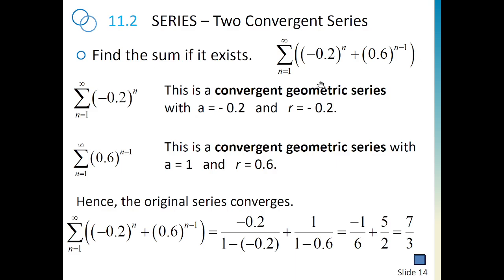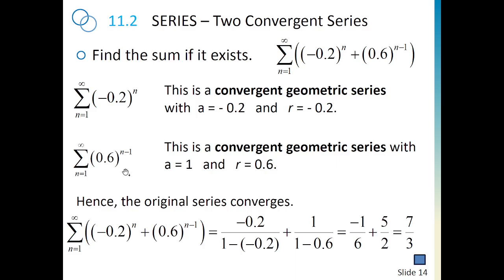Another example, this time with two convergent geometric series. So if we write out our first term, it will be negative 0.2, and then we will find out that our ratio is also negative 0.2. Now the absolute value of this is 0.2, which is smaller than 1, so we have a convergent geometric series.